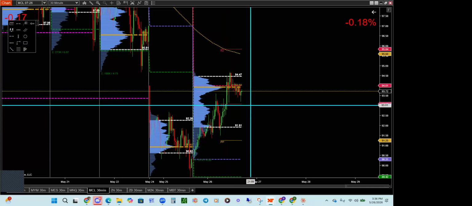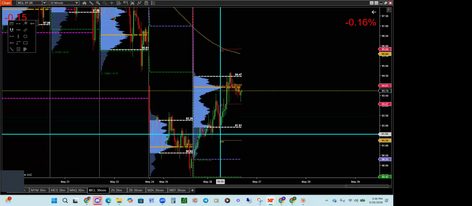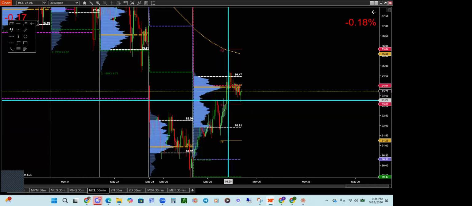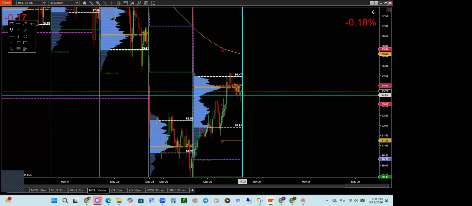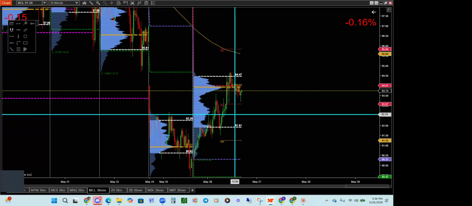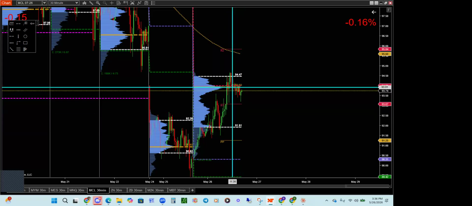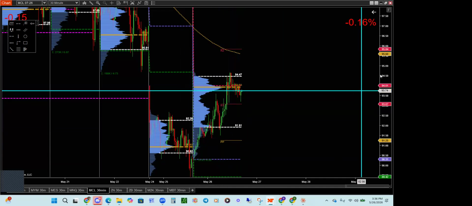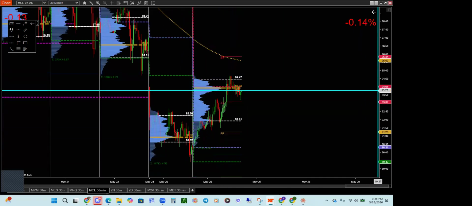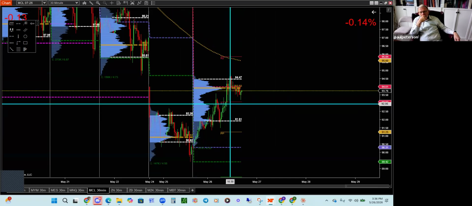Criteria number three is looking at the current session pattern. Are we to the higher side of yesterday's range, or the lower side of yesterday's range? Higher side. Okay.